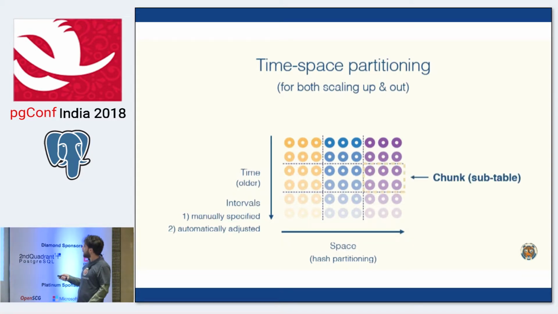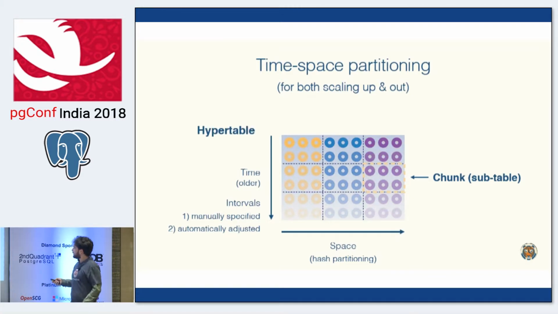And then each of these subspaces in this partitioning becomes what we call a chunk, but that chunk is actually implemented as a Postgres table. And we call the entire collection of chunks a hypertable. It's somewhat similar to the parent table in a hierarchy with some differences.